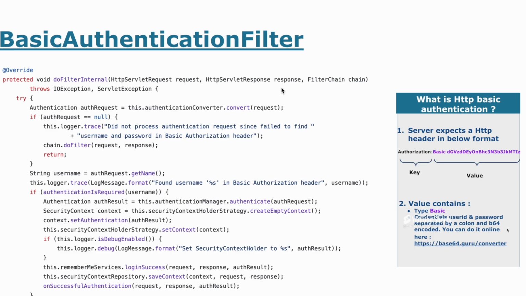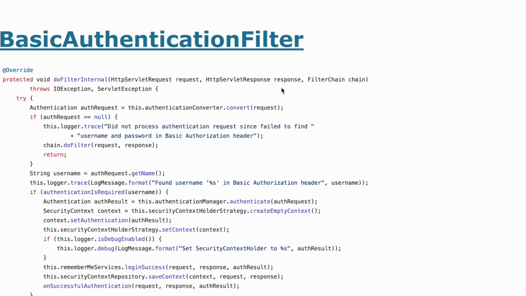The header's key should be Authorization and the value should be Basic, then a space, and then the username and the password encoded into base64. The purpose of the basic authentication filter is to extract the HTTP basic header and then authenticate against the authentication mechanism.